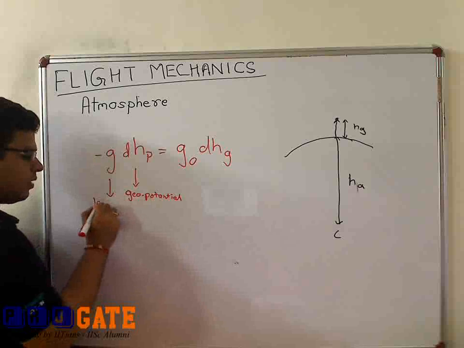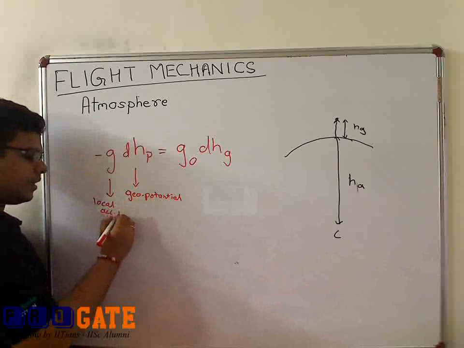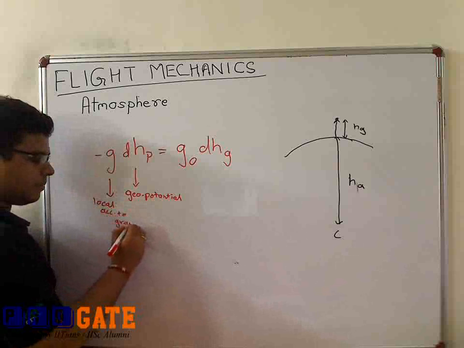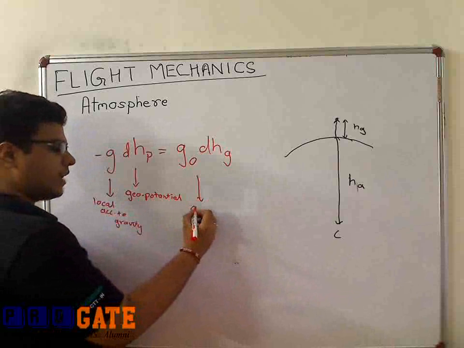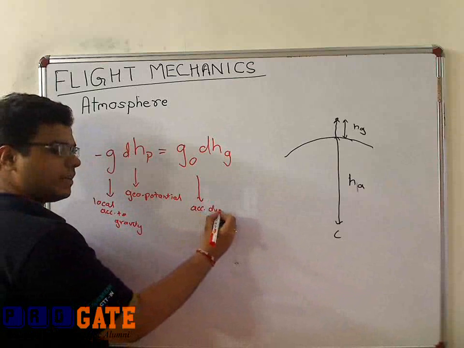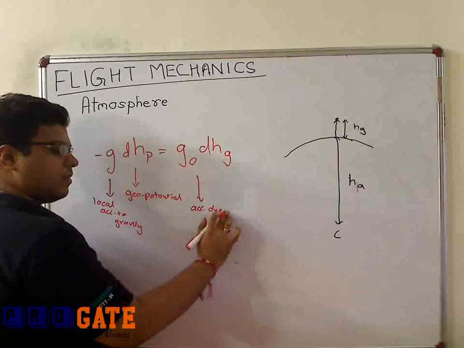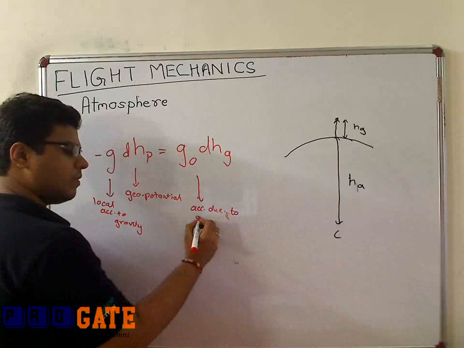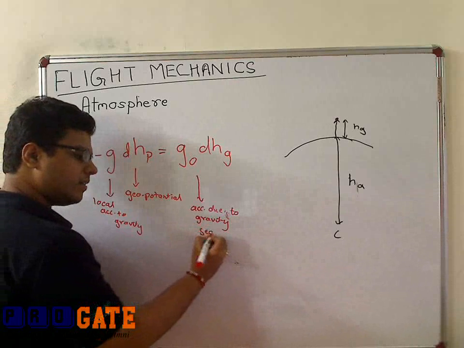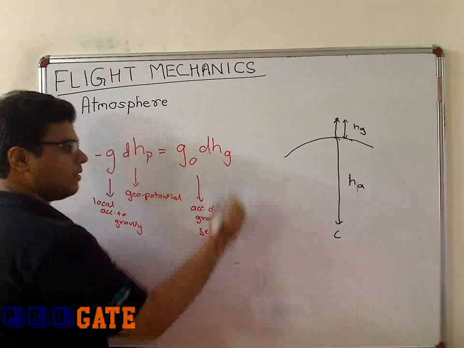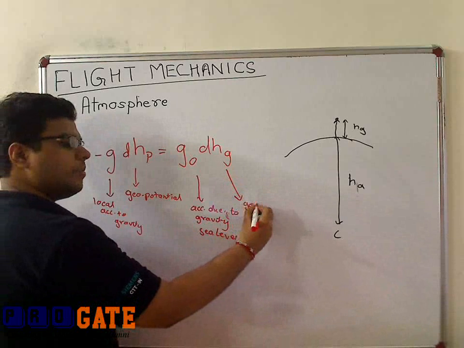G is the local acceleration due to gravity, G naught is the acceleration due to gravity at sea level, and Hg is the geometric altitude.